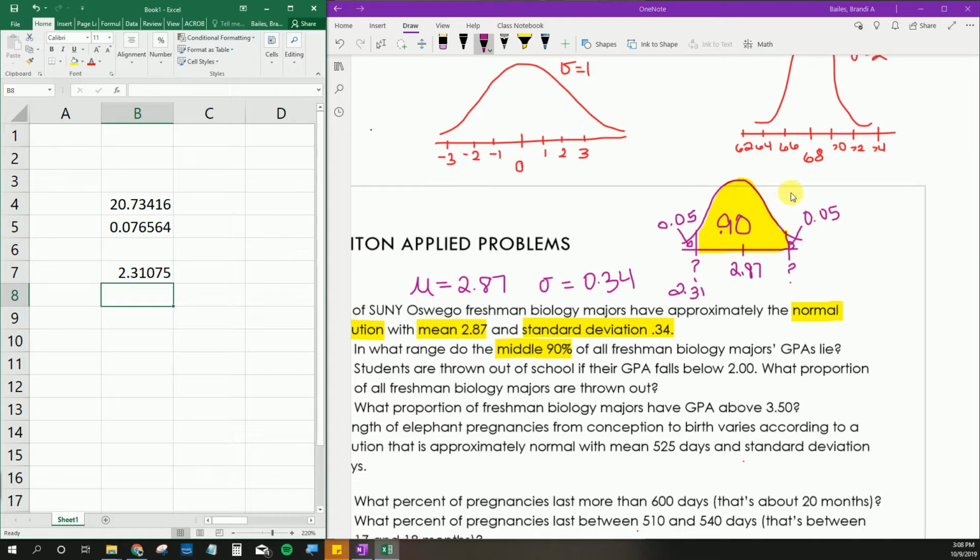If 0.95 is over here, then this has to be 0.05 to make sure it still adds up to 1. That's true, so let's do that math. Again, I can use the copy-paste feature in Excel, and I just have to edit this 0.05 to be a 0.95. I've done the same math, and I've got 3.42.